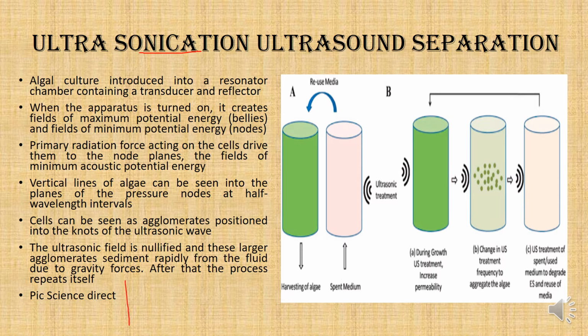Say, for example, this is a container. Here the ultrasonic waves are used. So if this is a container with algae, and the waves, we know that waves move in the form of crest and trough, and it moves like this. The algae that are present are suspended in the media.